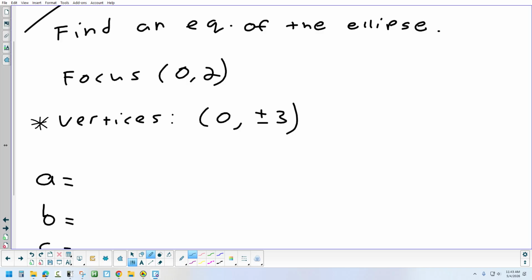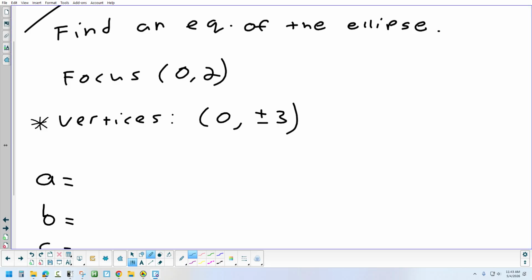If you know the vertices are at 0, 3, and 0, negative 3, what else does that indirectly tell you? Yes, it does tell us it's vertical. So bigger number under y. Something else I was thinking of too, but that's correct.